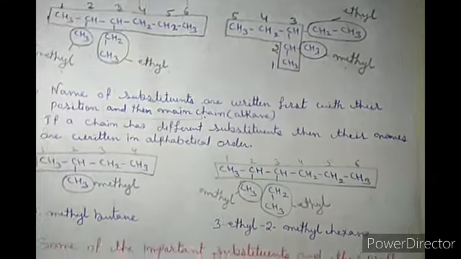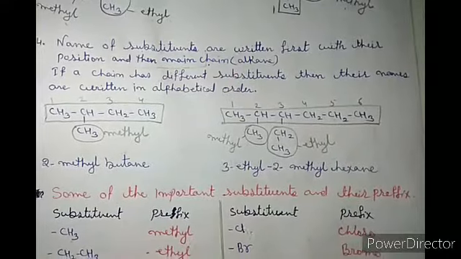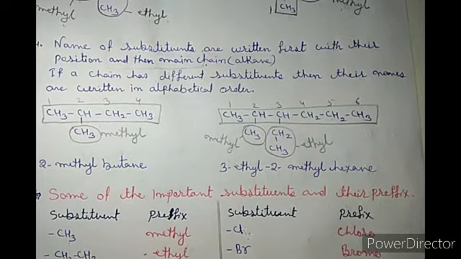Understand? Now the fourth rule is, the names of substituents are written first. When we write the name, then the substituent name is written first with its position. That means it is attached to the second number carbon, it is attached to the third number carbon, like this.